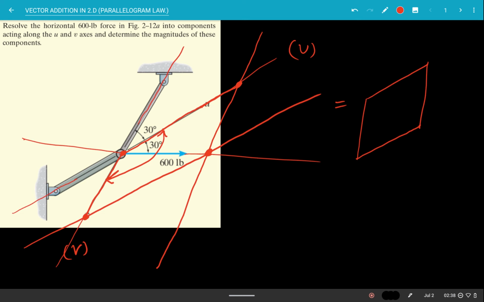Now, if you look closely here, you will find that finding this angle is going to be a bit tedious, but rather I can use some principles or some rules that are applied under angles.